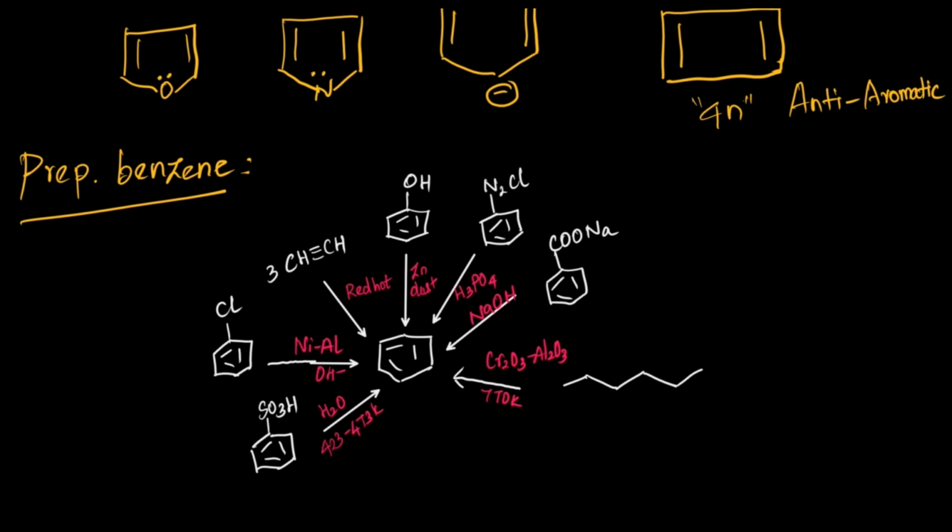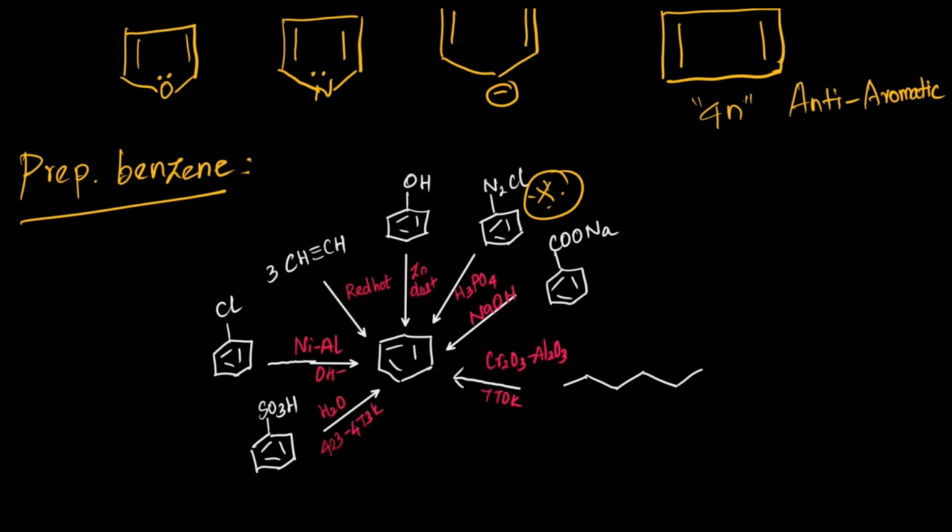The first one, I'm treating acetylene with red hot temperature, which will end up with benzene, and phenol with zinc dust will give you benzene. Benzene diazonium chloride with H3PO4. This is the most important reaction. This reaction can be combined with other reactions to be asked as JEE Main and NEET questions as well, even in JEE Advanced.